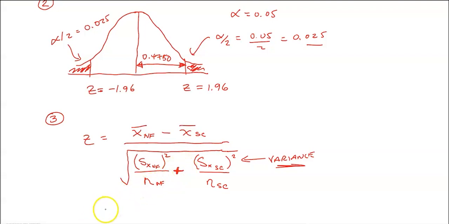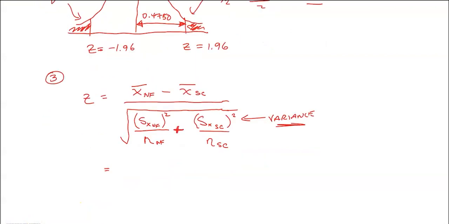So based on our information, let's plug in what we know. When we plug in our values, we end up with $88.42 minus $85.61 all over 5.62 squared, standard deviation for Niagara Falls, divided by 50, because the sample size was 50 for both.